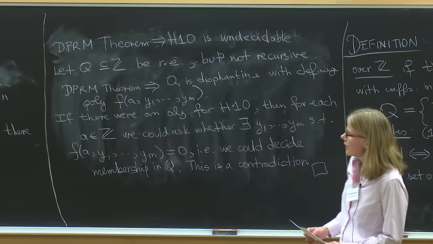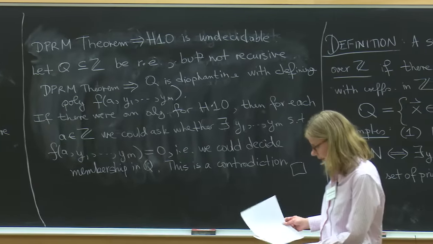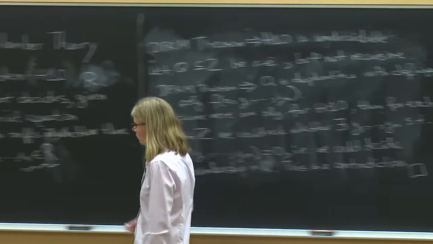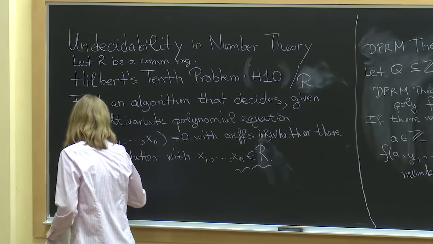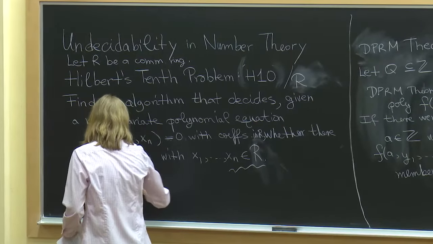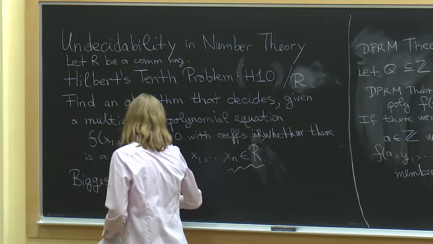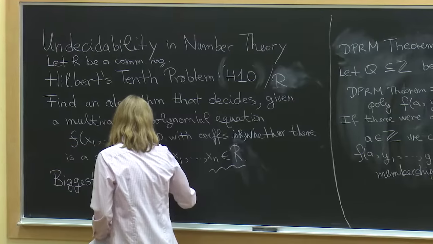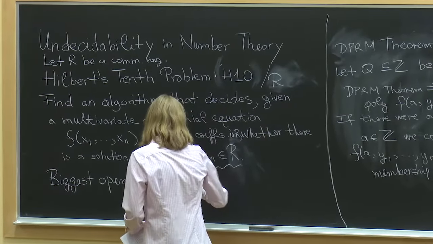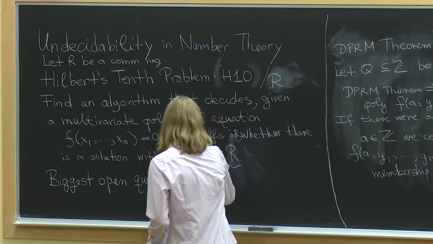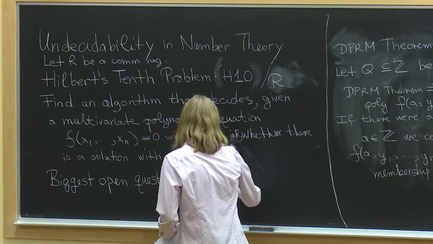Okay, so now the biggest open question here, which was already considered by Hilbert, and some say he fully expected that there would be an algorithm for the integers, which would have also given an algorithm for the rationals.